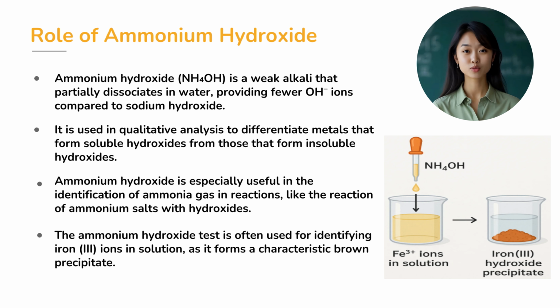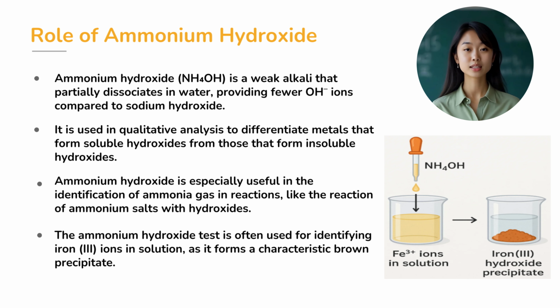Now, let's move on to ammonium hydroxide, also known as ammonia solution. Unlike sodium hydroxide, ammonium hydroxide is a weak base, which means it only partially dissociates in water to produce hydroxide ions. However, this doesn't stop it from being a valuable tool in qualitative analysis.